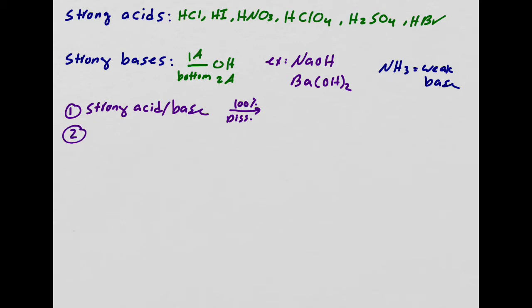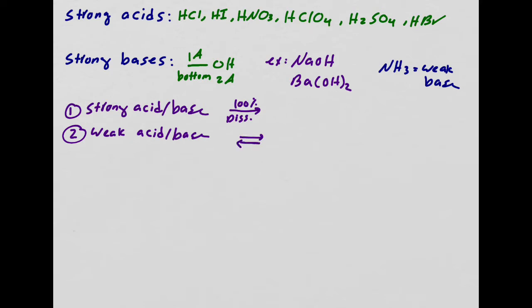You look at the problem. What if you have a weak acid or base? Then what's going to happen? If you have a weak acid or base, that means they will not have 100% dissociation. That means I'm going to have an equilibrium.